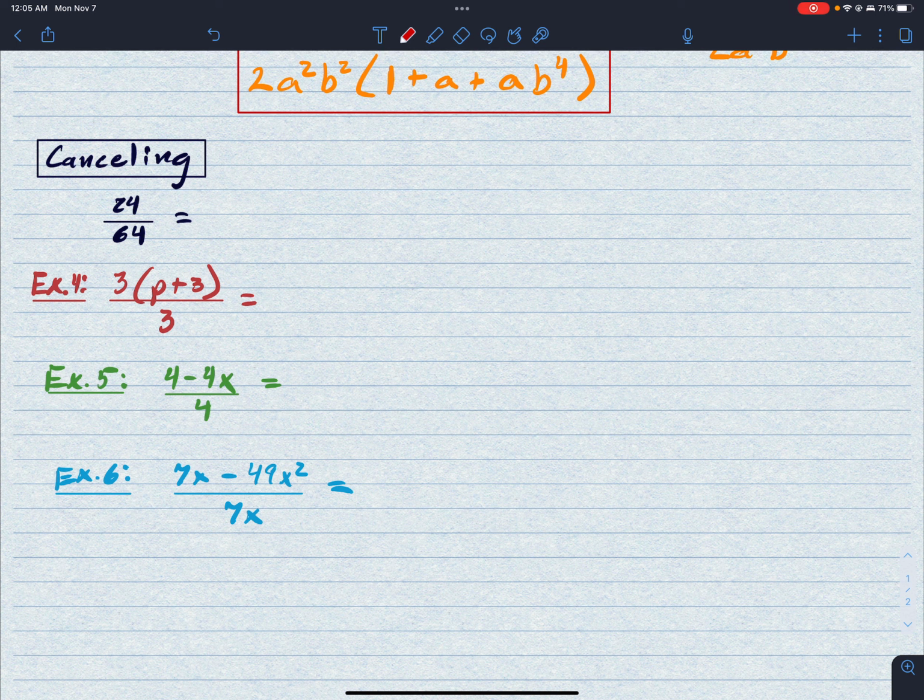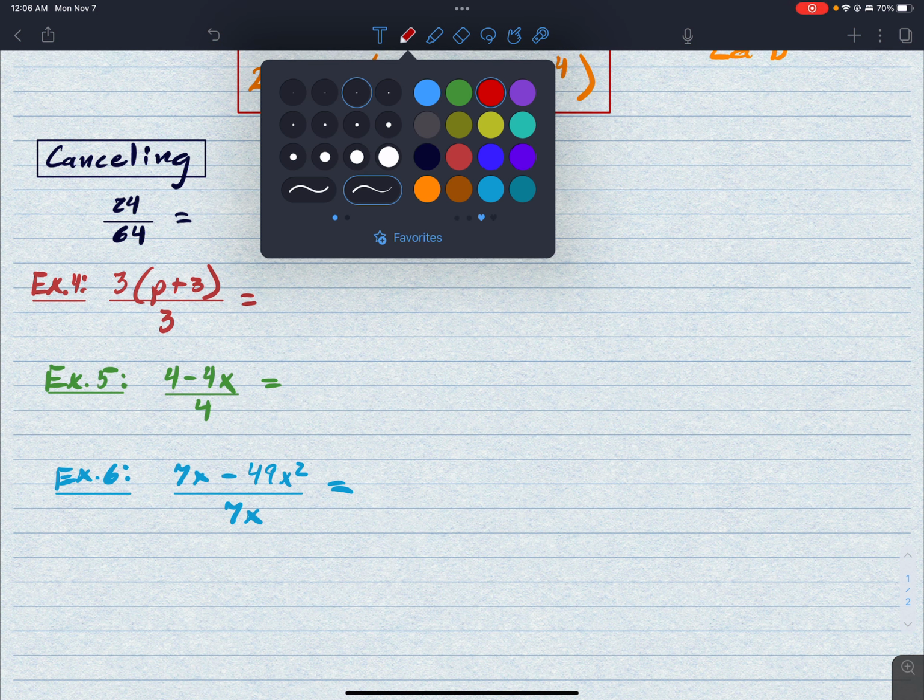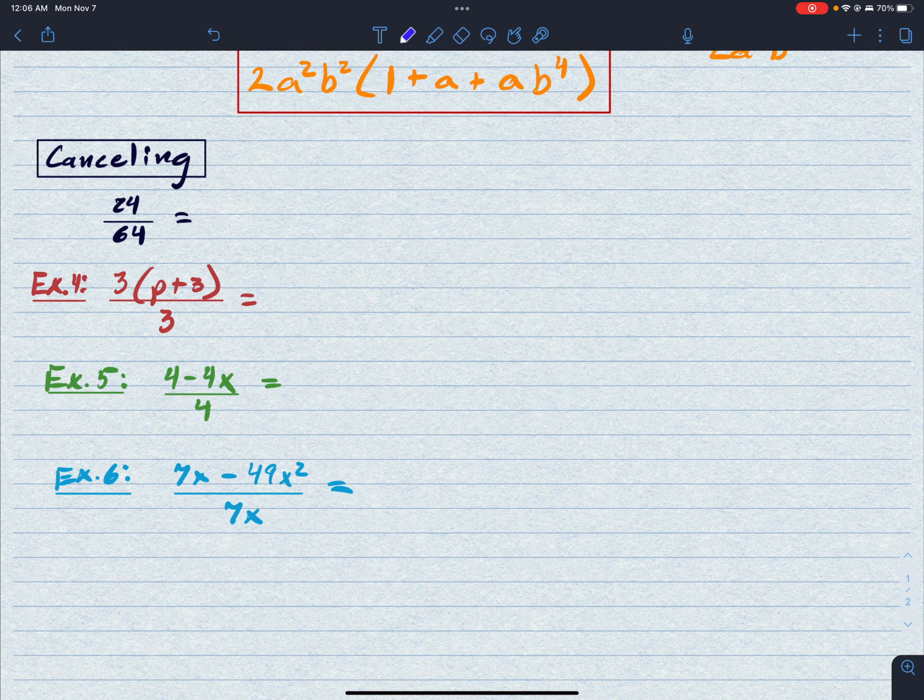like this. And it all kind of stems from a basic concept of how do you break down a number like 24 over 64. Everybody is familiar at this point in Algebra 1 with how to reduce numbers. So we take a number like 24 over 64 and we recognize that it's made up of a bunch of prime numbers or prime factors multiplied together.